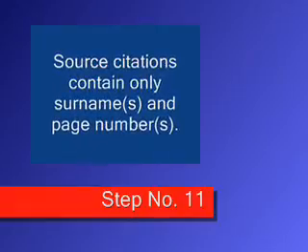Source citations contain only surnames and page numbers, nothing else. If I see any commas, silly abbreviations like P, PG, etc., you will receive a 0 for the whole project.